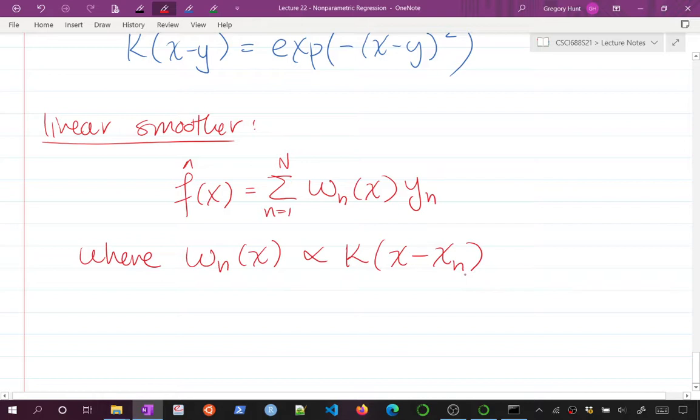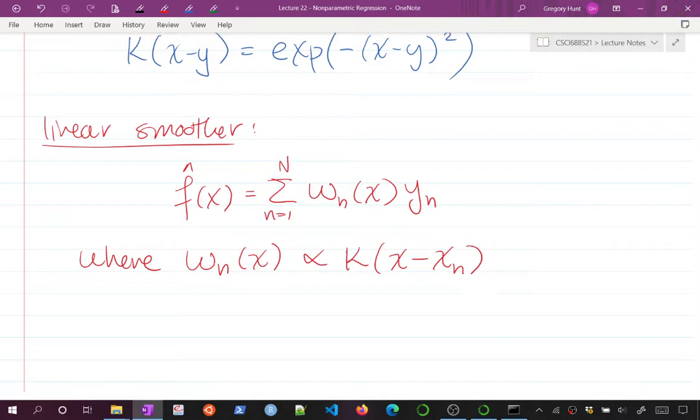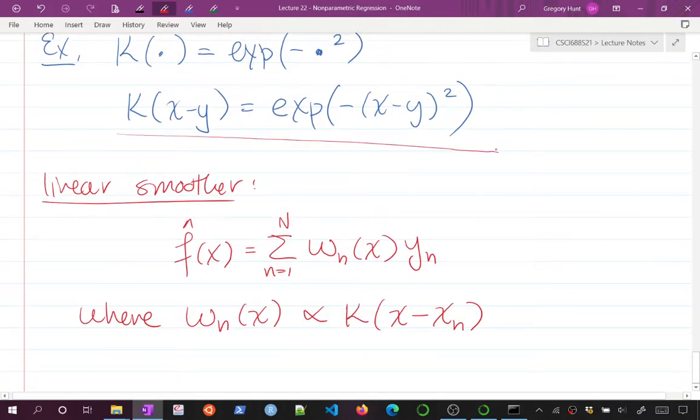So the w's still measure some measure of closeness, but for example, if we were to use this Gaussian-like kernel to define our measure of closeness, this thing is differentiable, it's continuous, and so it's going to give us a smoother estimate than the step function that you're going to get from fitting a KNN regression.